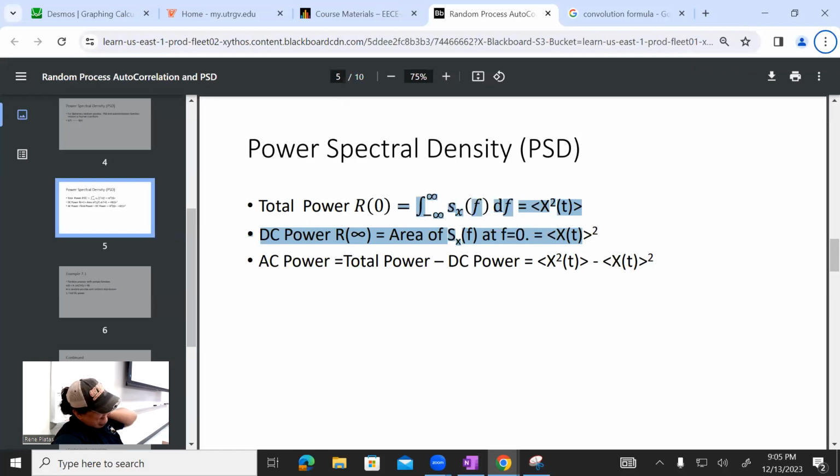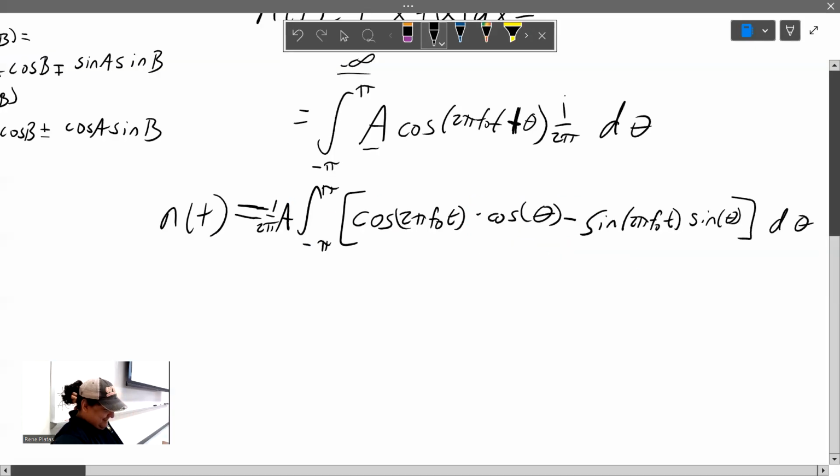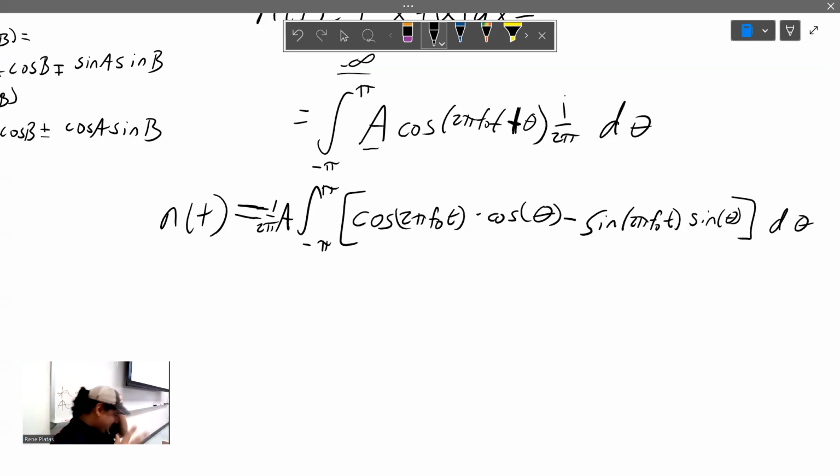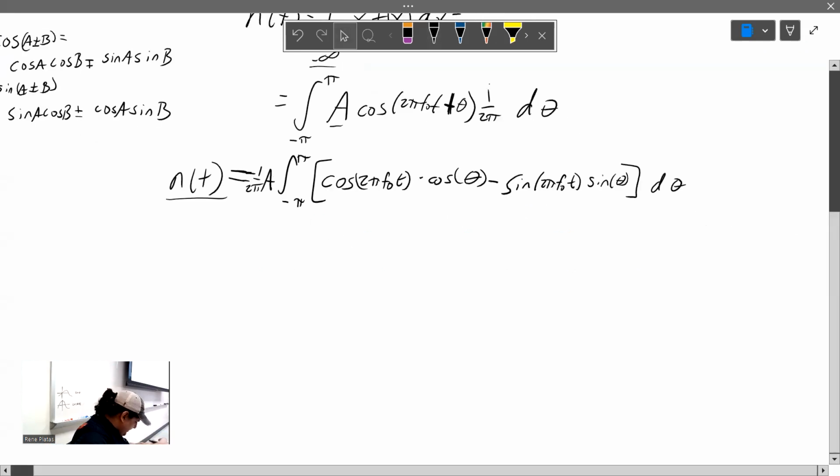I guess, yeah. So why is it 1/2 pi, not A/2? It could have been A over 2 pi, I guess. So this is our solution for NT.